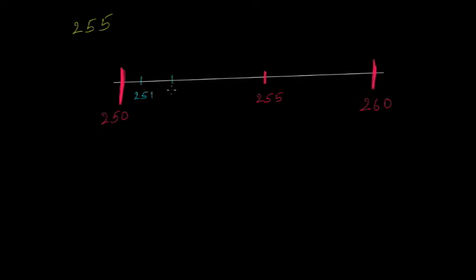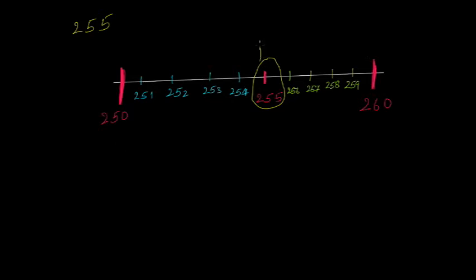In between would come 251, 252, 253, 254, and here we will have 256, 257, 258, and 259. Now you're asked for this number 255, and as I told you in the previous example, if the number comes exactly in between the two closest multiples of 10, then always go for the next one.